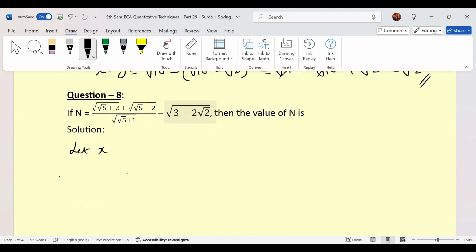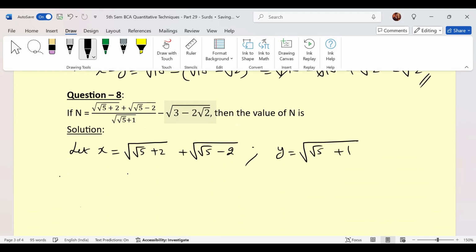Let x is equal to square root of root 5 plus 2 plus square root of root 5 minus 2. One part. Y equal to square root of root 5 plus 1. Z equal to square root of 3 minus 2 root 2.